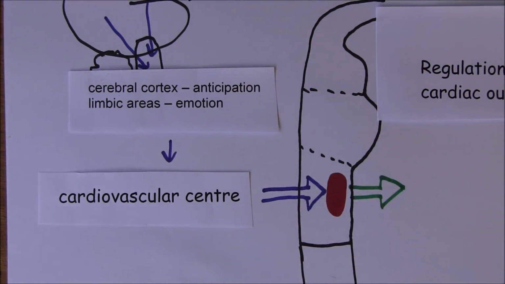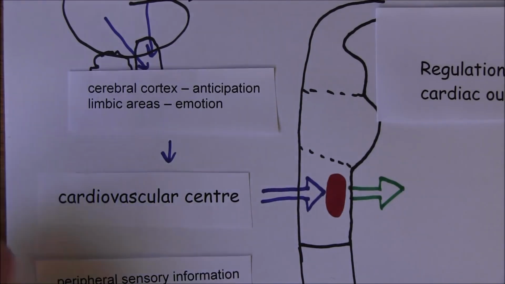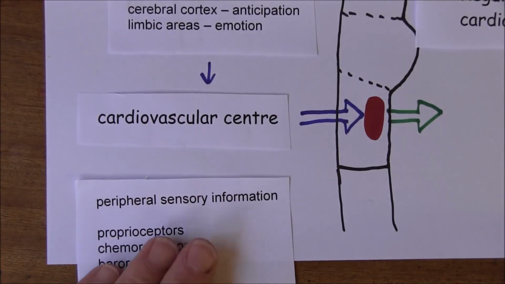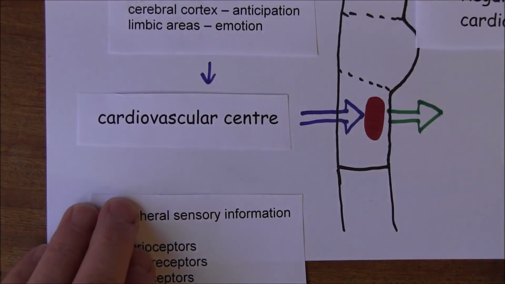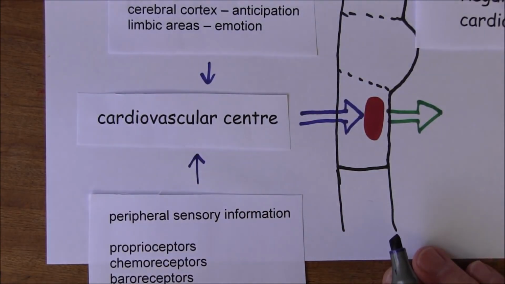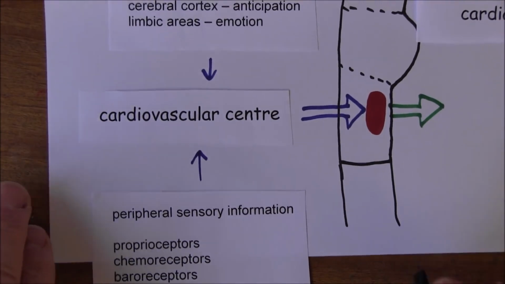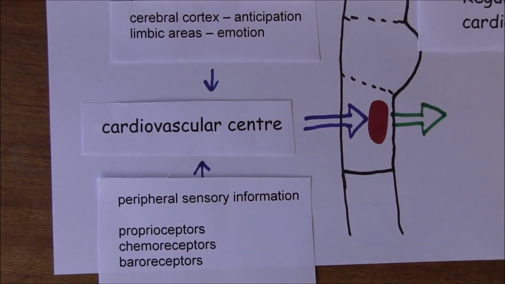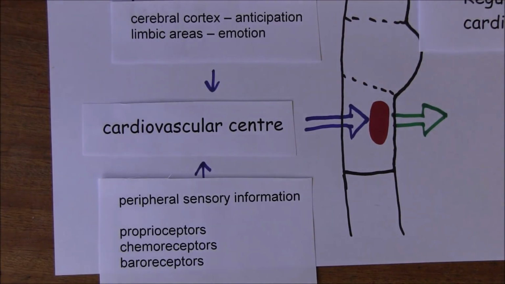But there's also information comes from the periphery, from further down. So there's peripheral sensory information going up to the cardiac centre. And this can come from proprioceptors, chemoreceptors and baroreceptors.